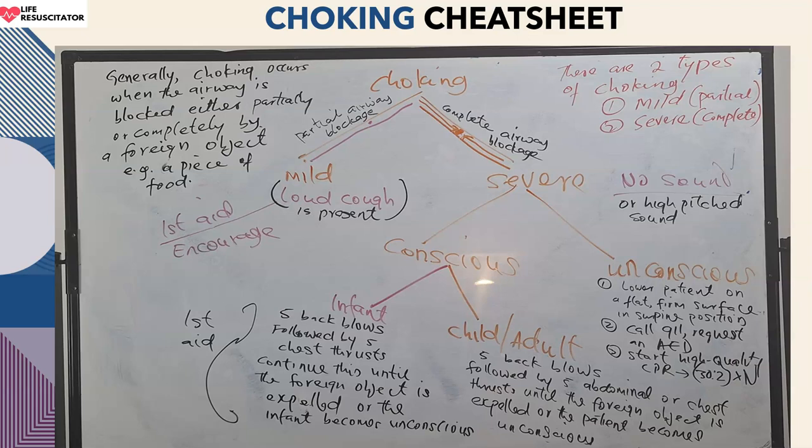When this happens, the person will not be able to make meaningful sound. At best, the person may make a high-pitched sound. There could be teary eyes. The person will grab the throat with one hand or both hands.